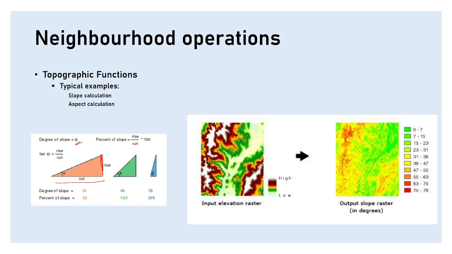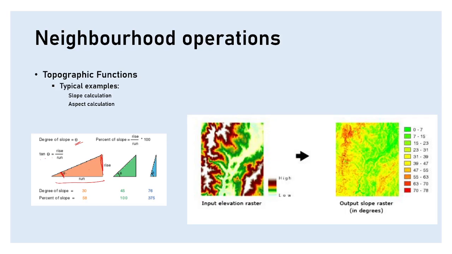So if the degree of slope over here is 30, like for instance, if theta is 30, then tan theta or tan 30 will be this value. How much is tan 30?